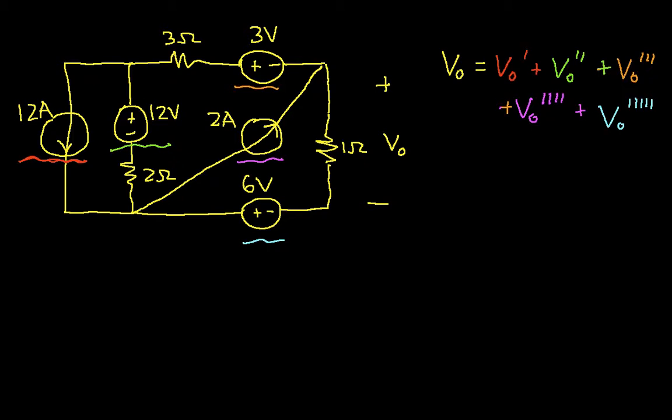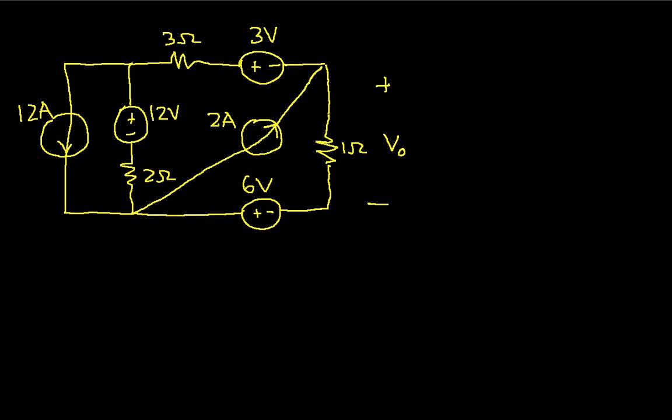So let's begin. We'll go to a clean diagram, and again we want V0 prime in this case, which will be the voltage due to this 12 amp source. So the first thing I need to do is set the other sources to 0.